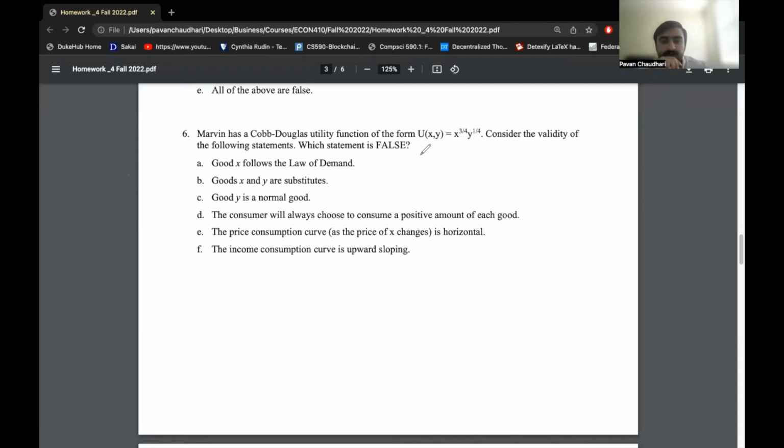All right, so for number 6, you could do this just like the previous problem and find the demand functions and then find all this stuff. Or you could know the properties of Cobb-Douglas. So Cobb-Douglas properties are useful to know, I should say. You have to know the own price elasticity, for both goods, is equal to -1.